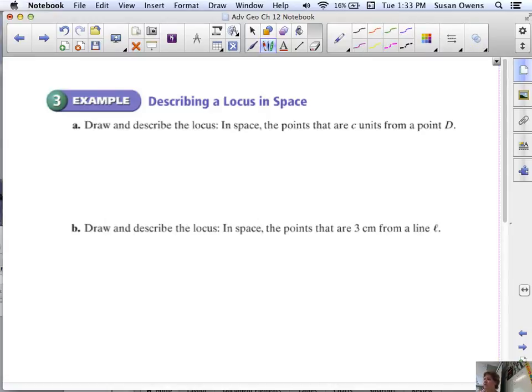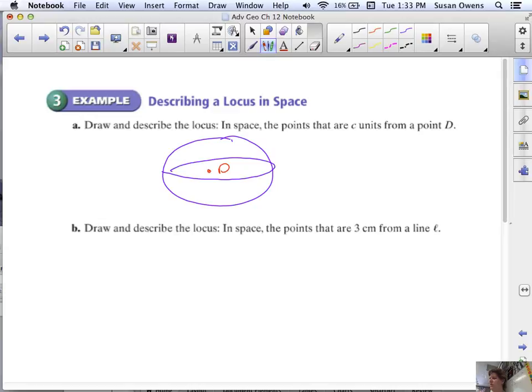Okay, next we're going to move on to space. So for this one we have describe the locus and draw it, the points that are C units away from point D. So we have point D, and we have all the points that are C units away. Well, in two dimensions, that's going to be a circle, but because this is three-dimensional, we're also going to get all the points that come out of the page and go underneath the page, so we're going to get a sphere.